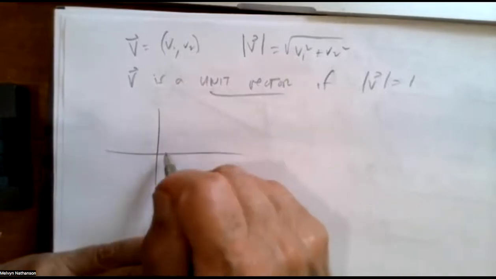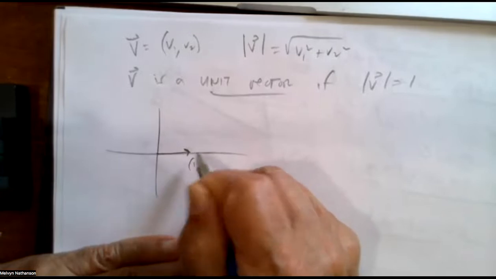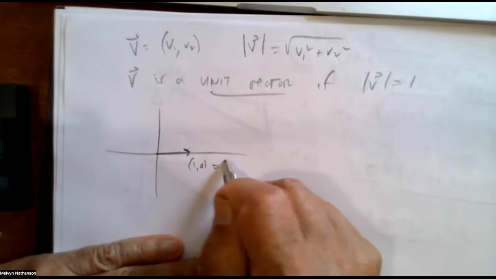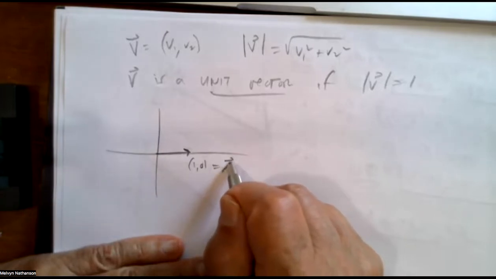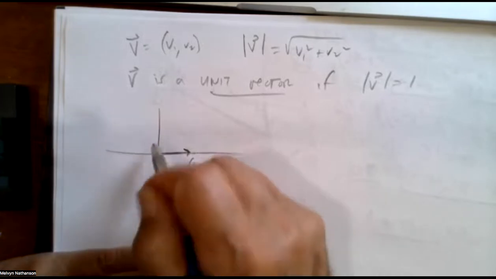And the simplest unit vectors in the plane, if you take the vector 1, 0, just go 1 unit horizontally, that is always written as the vector i. So i is the unit vector in the positive x direction.